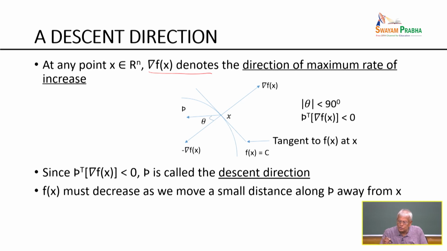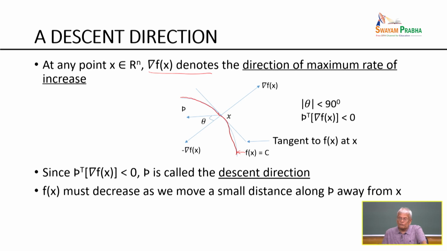There is a contour of the function f of x equal to c. I am given a function f of x, and I am going to draw the contours. What is the contour? It is the locus of all the points such that f of x takes a constant value. Let us assume that locus is given by this curve. I am considering a point x on that locus.